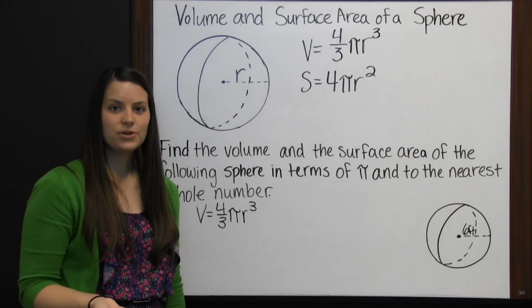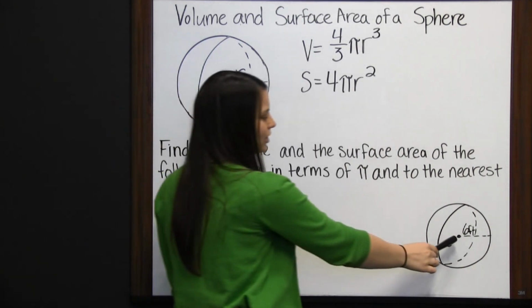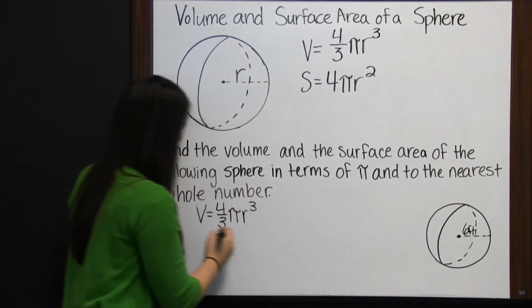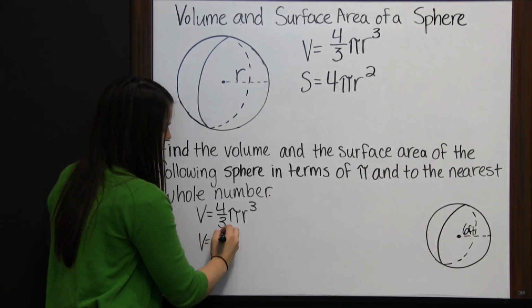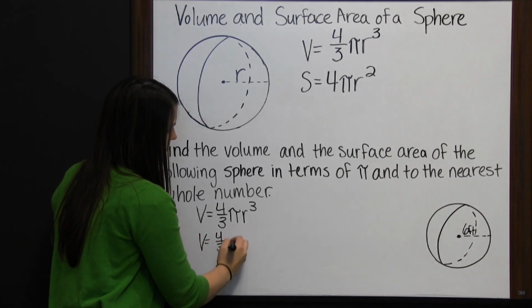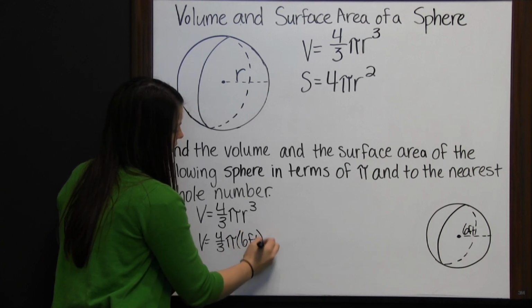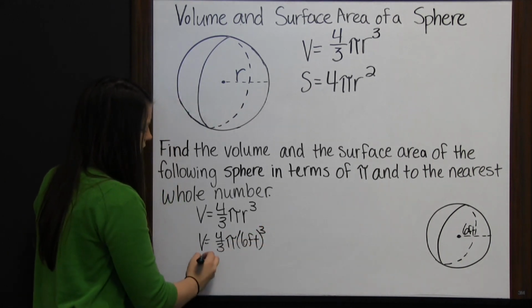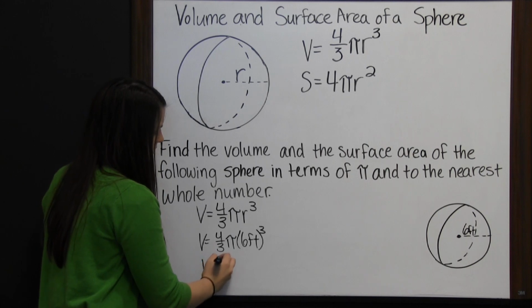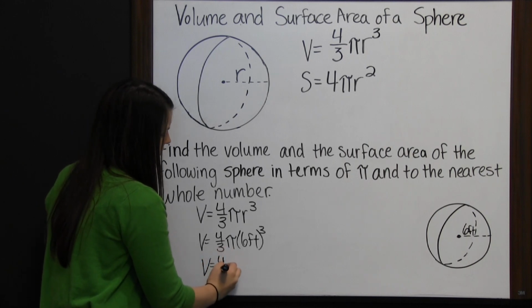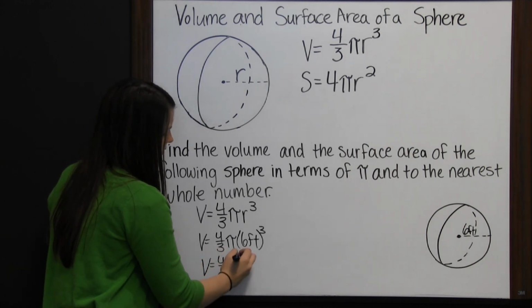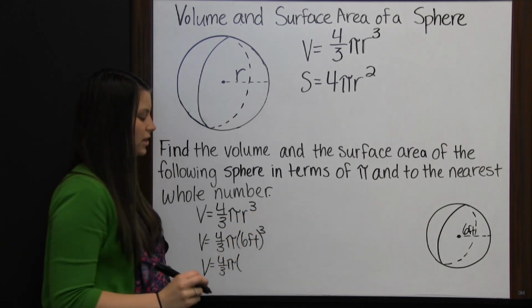And then we'll substitute our radius, which is given here as 6 feet. Volume is 4/3 times pi times 6 feet cubed.